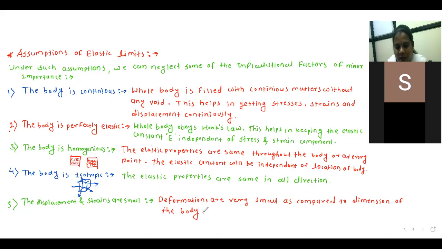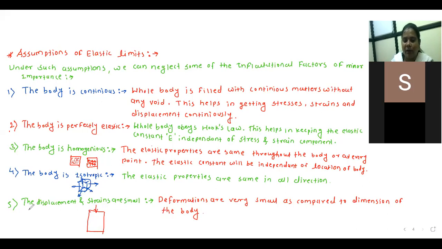Our last assumption is that the displacement and strains are small. Suppose this is our block, and now we are going to perform a test or apply load. At that time, the deformation is very small as compared to the dimension.